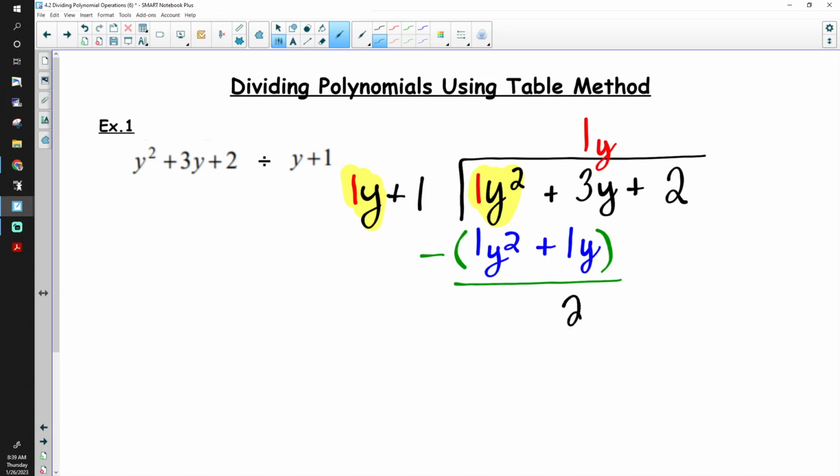Please don't do me like that. 2y. Now, what did we do in the long division after we subtracted? What did we have to do? Drop the next term. Okay, because 1y plus 1 isn't going to fit into 2y. We need another term, so we drop the next one down.